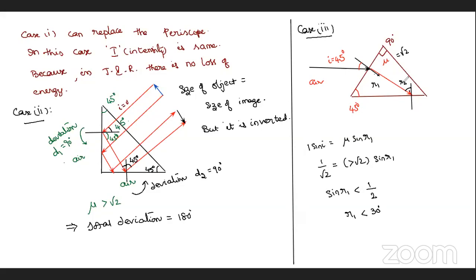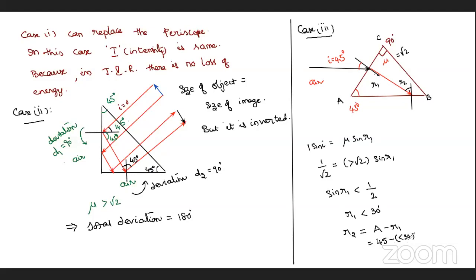So R2 I am getting here is equal to A minus R1, where A is the angle of prism. A, B and C. So A is 45 degrees, 45 minus less than 30.